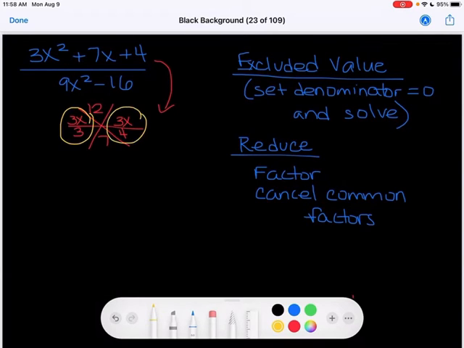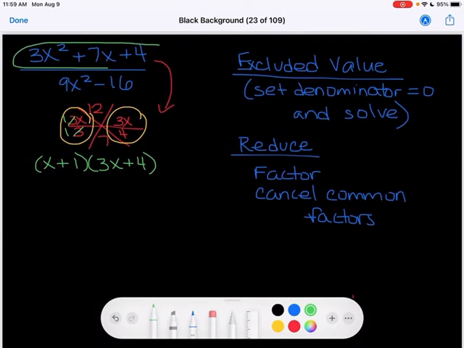Well, the 3x over 3, I can take out a 3. So this just becomes 1x over 1. So my factors are 1x plus 1 or just x plus 1. And then the 3x over 4 doesn't reduce, so that's 3x plus 4. So this 3x squared plus 7x plus 4 factors into x plus 1 times 3x plus 4.